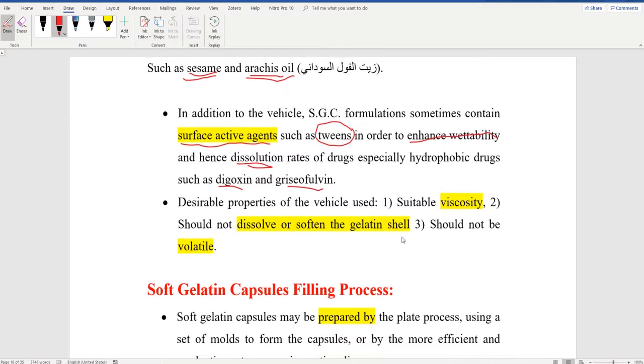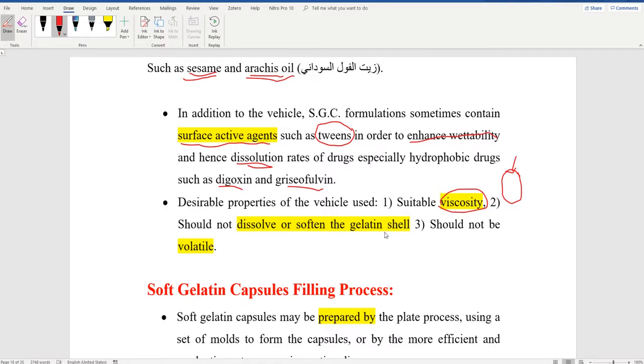The vehicle that I use must not be of very high or very low viscosity. High viscosity creates a problem in filling the soft gelatin capsules, because it is very viscous, so it will be difficult to fill inside the capsules. Number two, it should not dissolve or soften the gelatin shell.